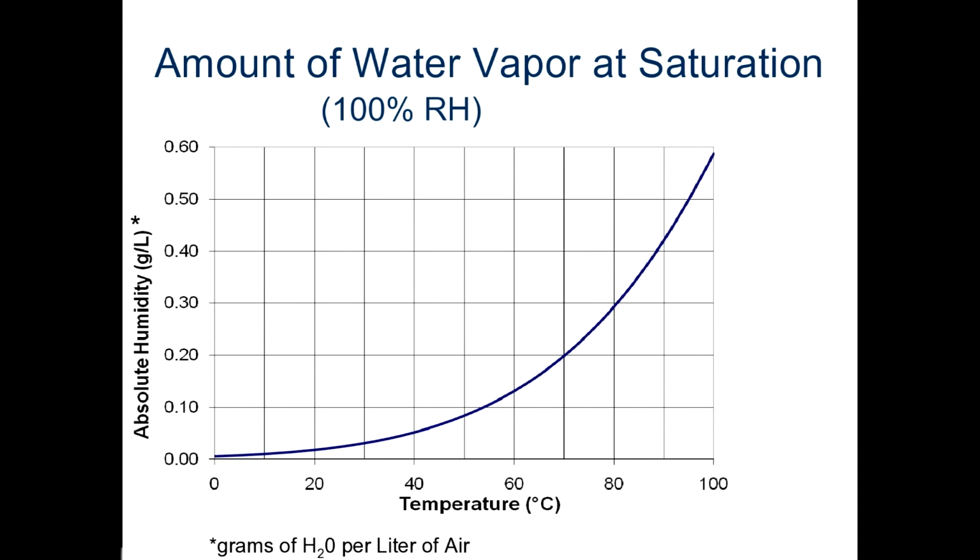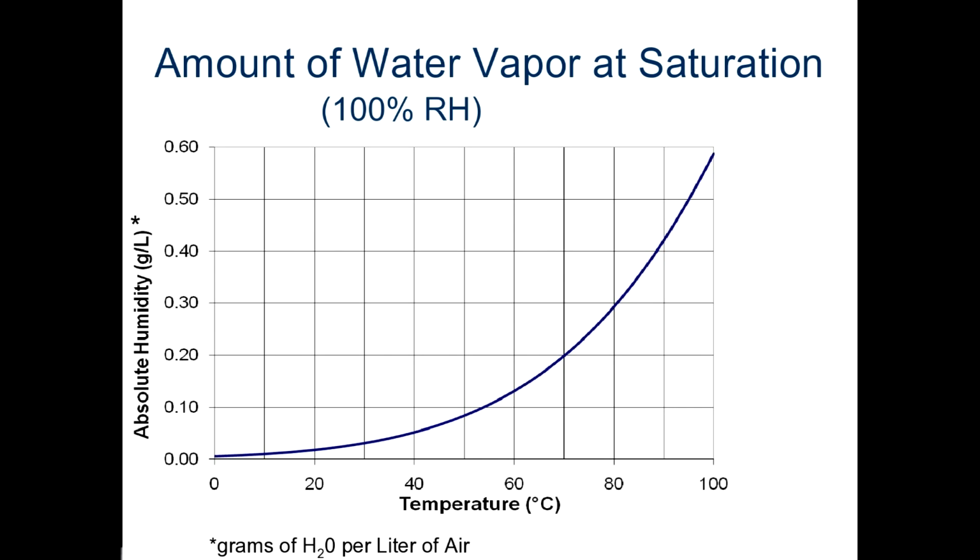Let's look at this graph. Here we're showing on the left absolute humidity. This is grams of water per liter of air. You can see it ranges from 0 up to about 0.6 grams per liter. And along the bottom we have the temperature of the gas or air. At 0 degrees C, we can see that the air is not capable of holding much water vapor. And as we move up to 100 degrees C, we can see that the amount of water vapor that the air can hold is much greater.